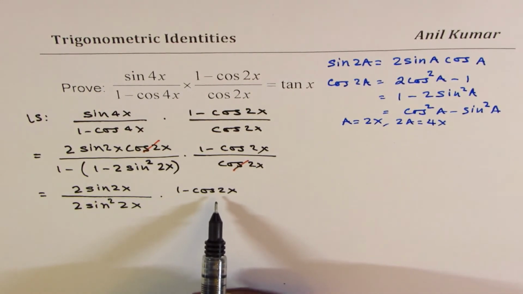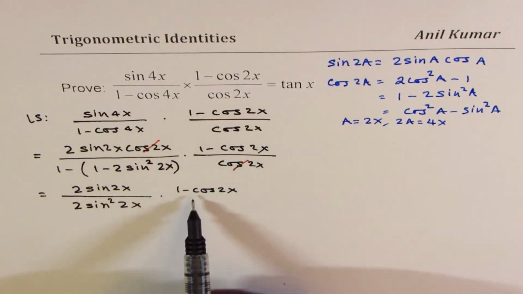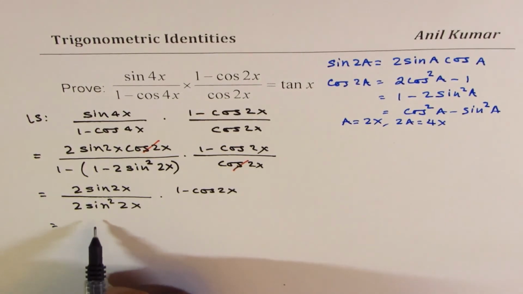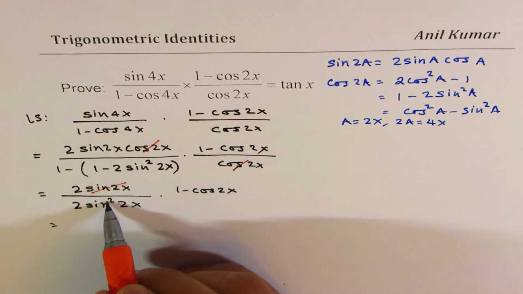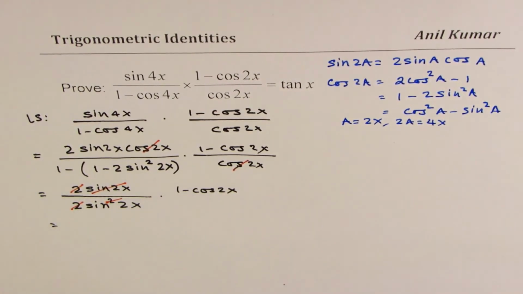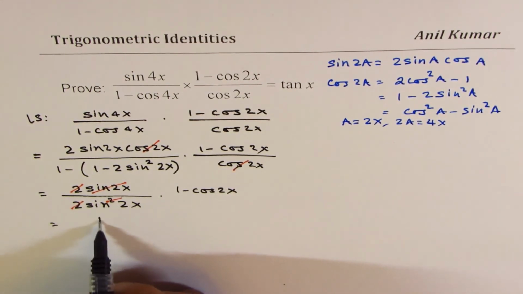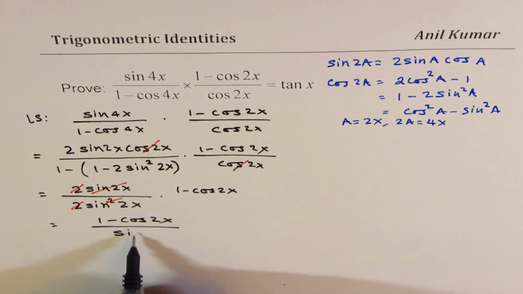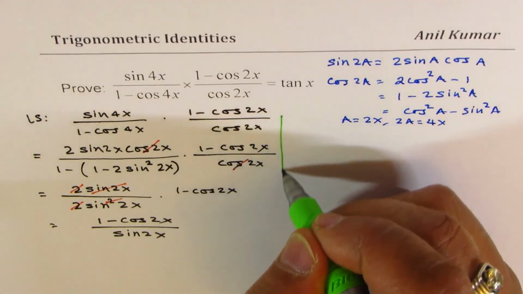And for 1 minus cos 2x, since we want sine on the top, let me simplify this once more. So I'm cancelling sine 2x, I'm cancelling these 2's also. Is that clear to you? So with that, I'm left with 1 minus cos 2x in the numerator and sine 2x in the denominator. Is that clear? So let's work with this further.